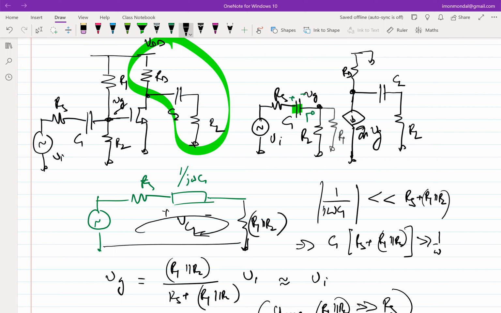It's a voltage division between RS and another resistance, which is R1 parallel R2. So if I ensure that R1 parallel R2 is much greater than RS, then I'll have minimal voltage division. So I'll get almost whatever I have applied at the input terminal, VI, across VG, right? That essentially is the thought process.